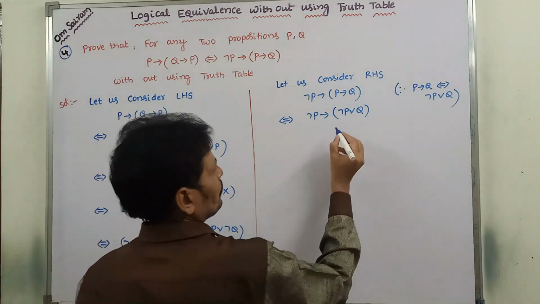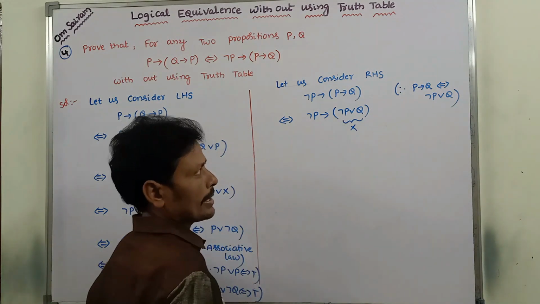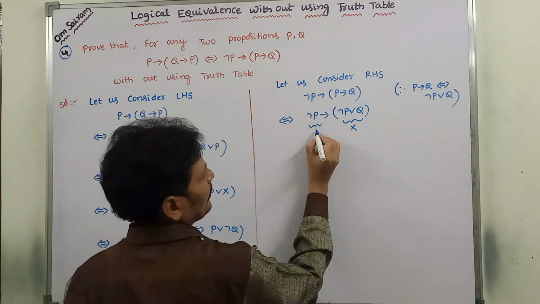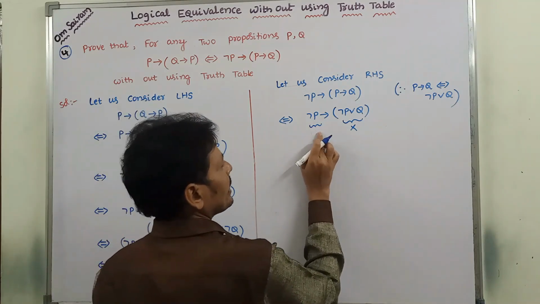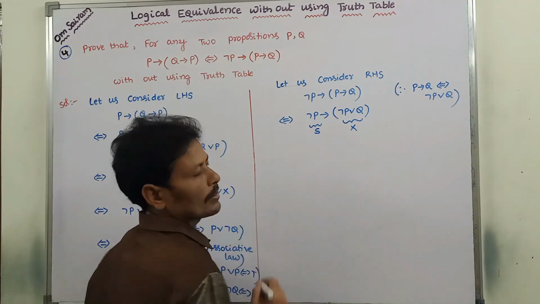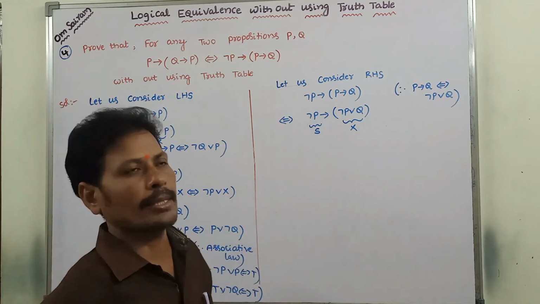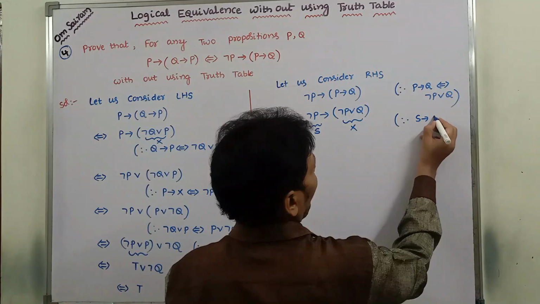Next one. This entire thing can be taken as some P, or this entire thing can be taken as S. Now it becomes S conditional X. What is the formula for S conditional X?